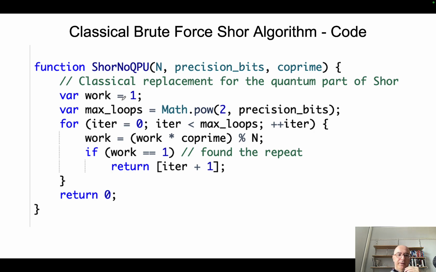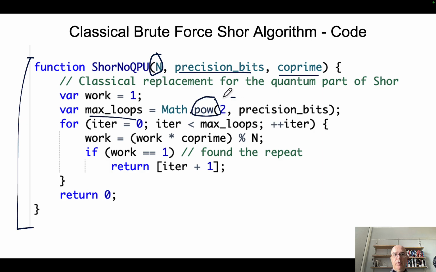And this is the code for calculating the repeat period in the classical case. So we have our number n, and we provide the coprime and the precision bits. As you can see here, we first calculate the maximum number of iterations, max loops, and this is going to be 2 to the power of the precision bits.